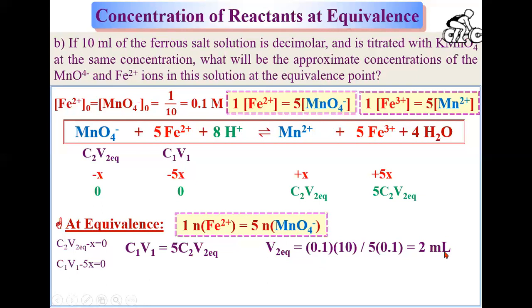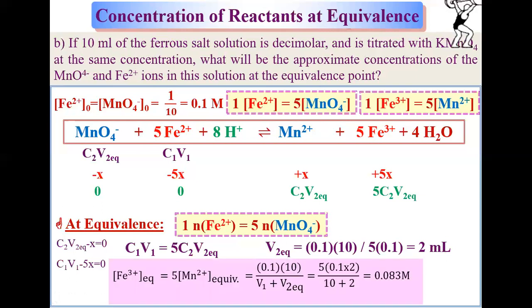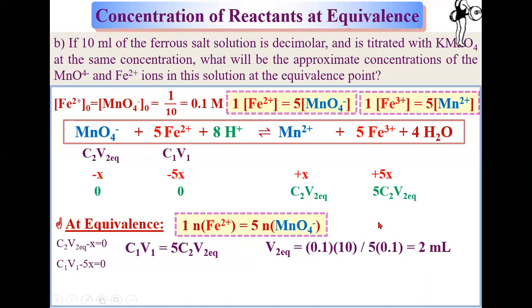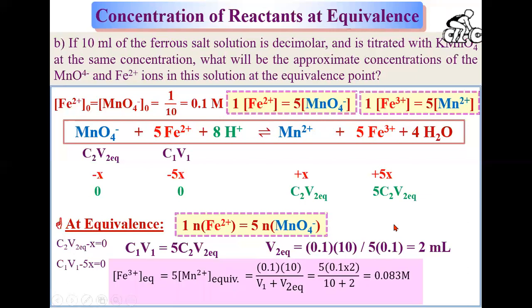And so actually now I have a total volume. And if I have total volume, what I can do is get the concentration of the products at least. That's simply x and 5x, which happens to be C2V2 and 5 times C2V2. Since now I have the V2 at equivalence, I can solve for the products' concentration numerically.